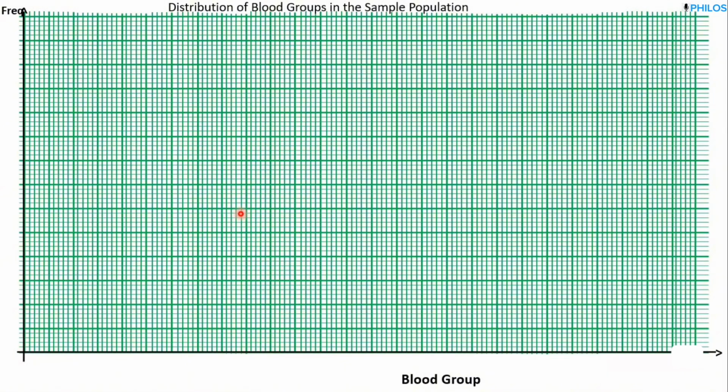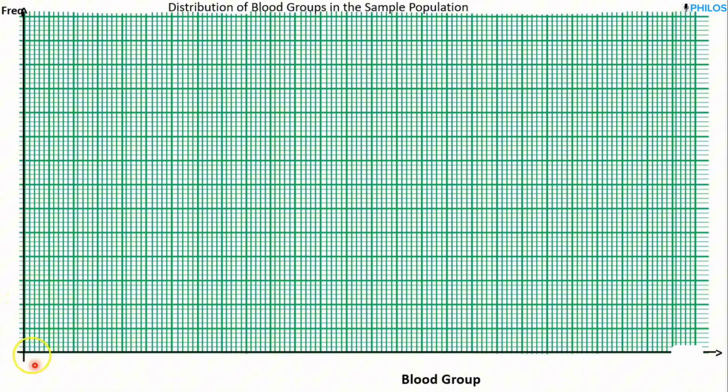Okay. Now when you look at our frequency table, the highest frequency is 12. So we must make sure when doing the numbers here, we should get up to 12 or even more than that. Okay. So let me count the thick horizontal lines and see. 1, 2, 3, 4, 5, 6, 7, 8, 9, 10, 11, 12, 13. Okay. So I can use 1 centimeter to 1 unit.